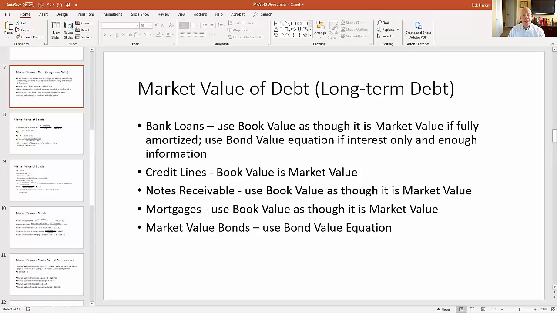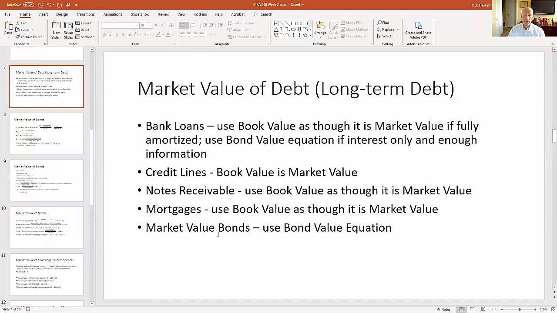Those don't always line up nice and neatly. So we will, again, just like we did for bank loans, credit lines, and notes receivable, take mortgages as though the book value of the mortgage, or the amount outstanding at any moment in time on the balance sheet, is going to be equal to the market value.